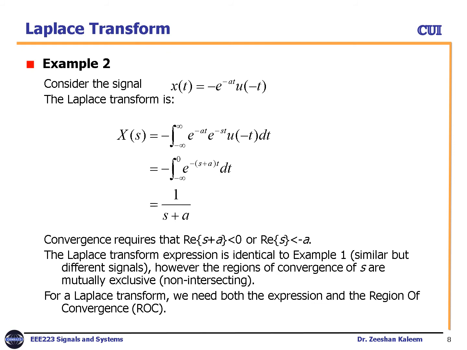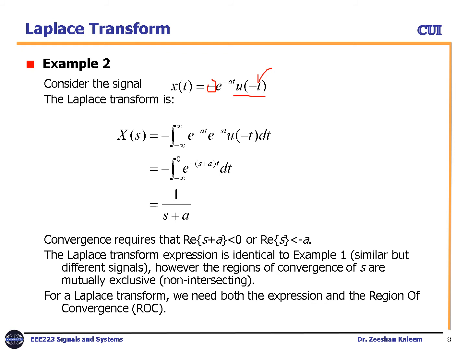Let's take another example. x(t) equals minus e to the minus a t u(minus t), and we have a minus sign here as well. For the Laplace transform, you know that it is x(t) times e to the minus s t. So just put these values here.